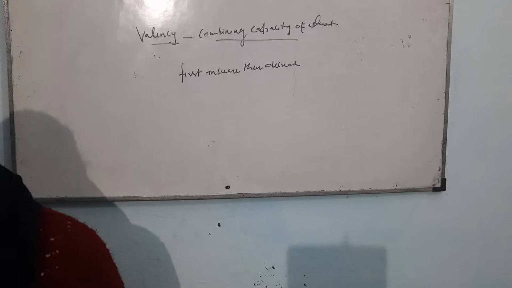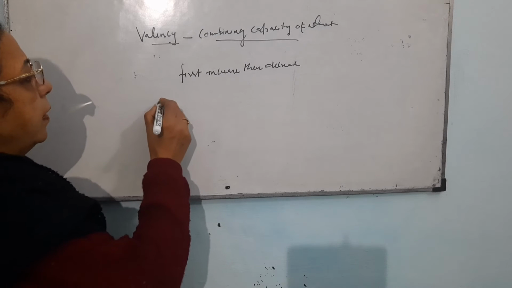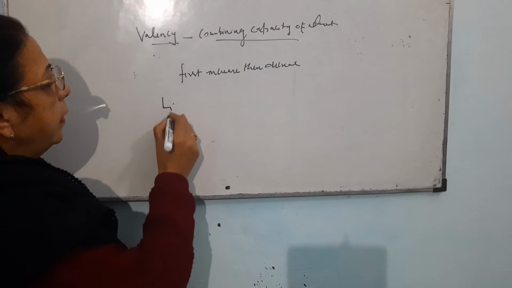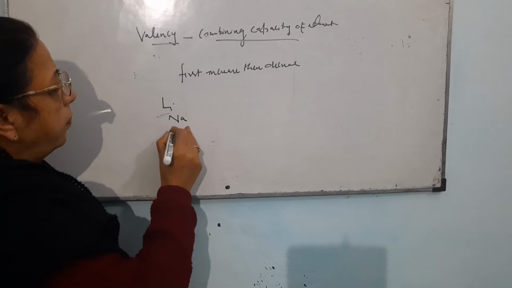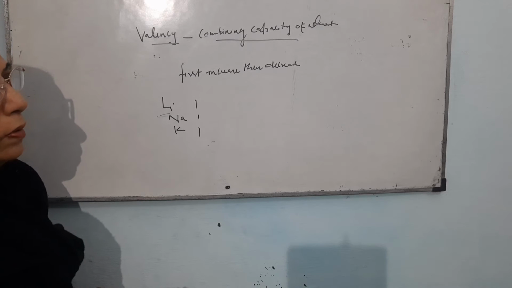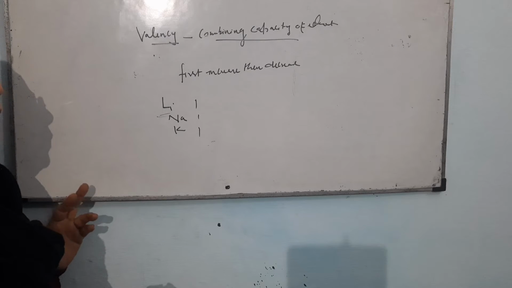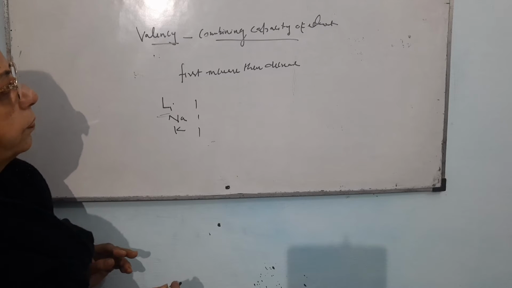Valency depends upon the number of valence electrons. I have also written this for the group and period. Now, in the group, lithium, sodium, potassium, all of them have one valence electron. So the valency will remain the same and the properties will remain the same.